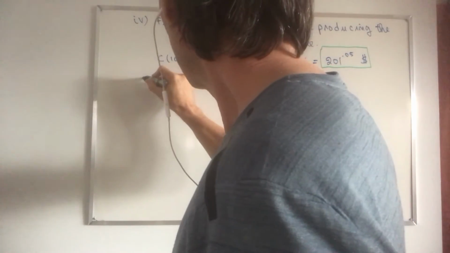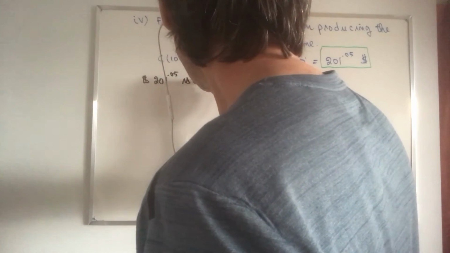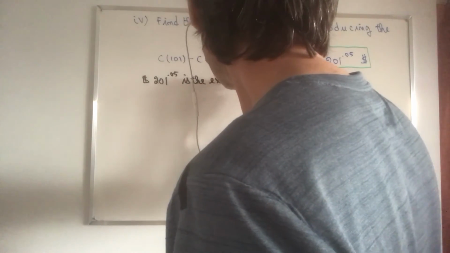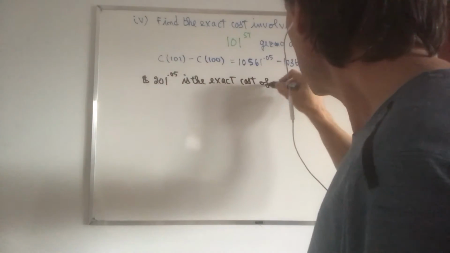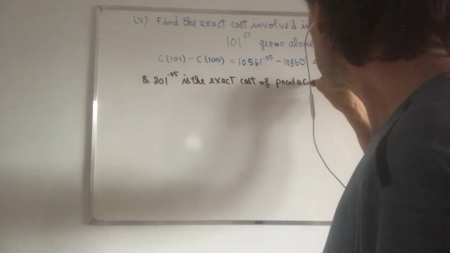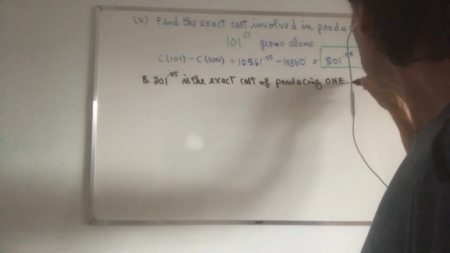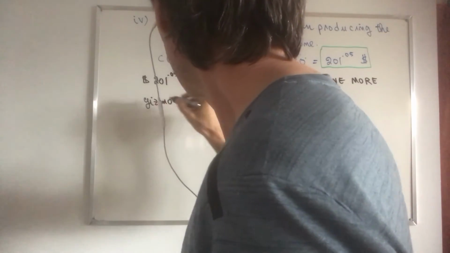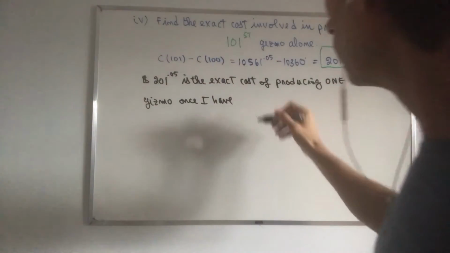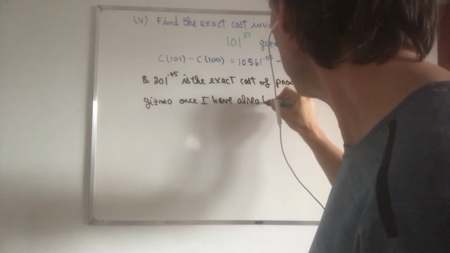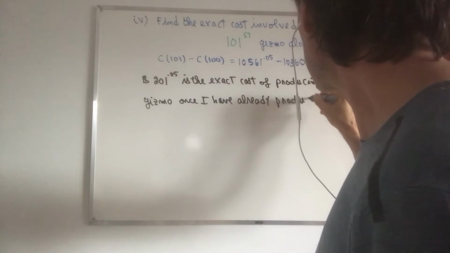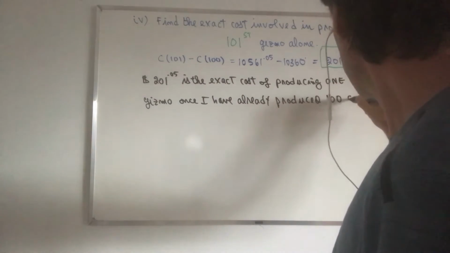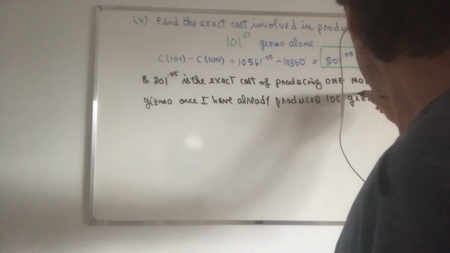So $201.05 is the exact cost of producing one more gizmo once I have already produced 100 gizmos, right?